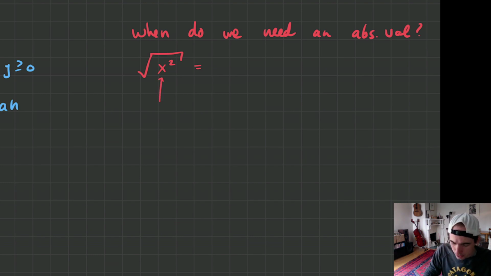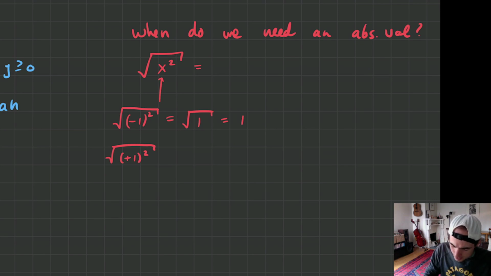There are no restrictions on x here, because if we had -1 squared and we took the square root of it, the square root of -1 squared is +1, and then the square root of 1 is just 1. But then we also have +1 squared, and if we take the square root of that, it is also the square root of +1, and that's just 1, right?